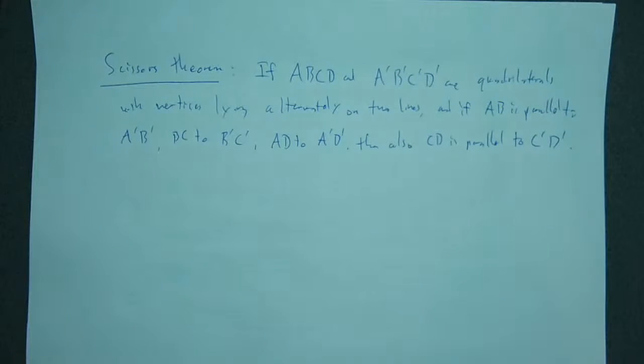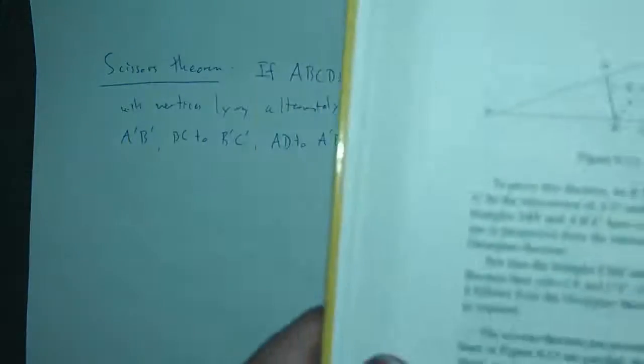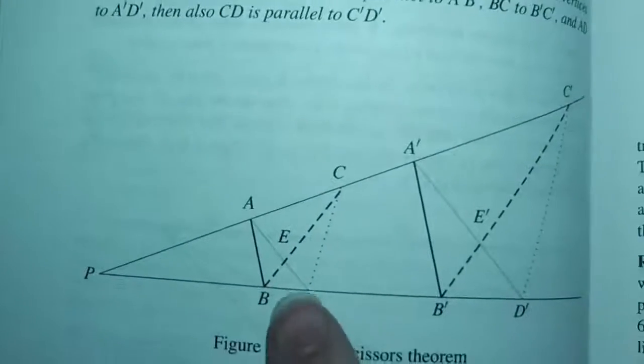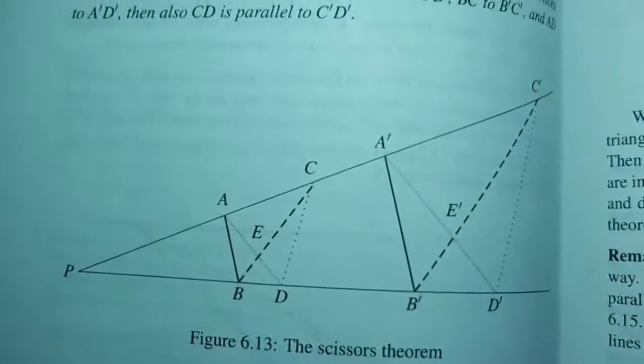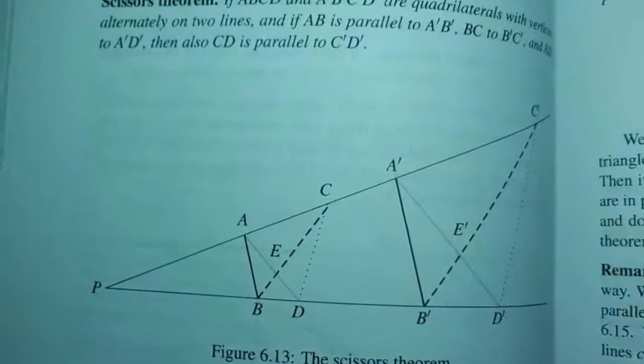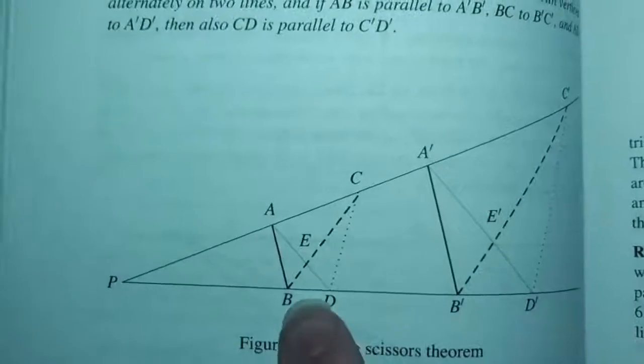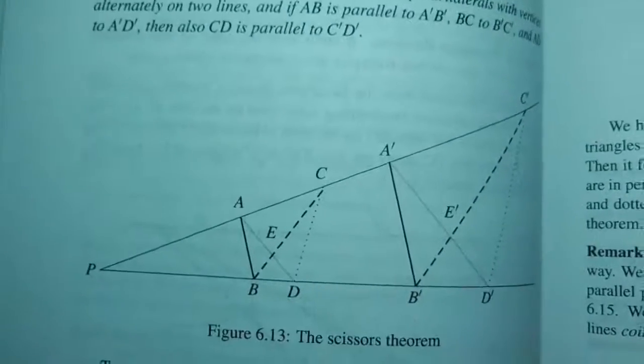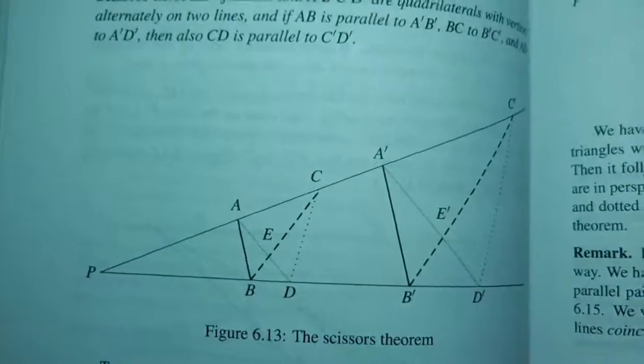Now, that being drawn in this way, this means absolutely nothing to you, just looking at it like this. So what does this actually look like, and why is it called the Scissors Theorem? Here's why. Look at the quadrilaterals involved. They look like a pair of scissors. So here's one pair of scissors, and here's another pair of scissors. And the pairs of scissors are in perspective in this way.